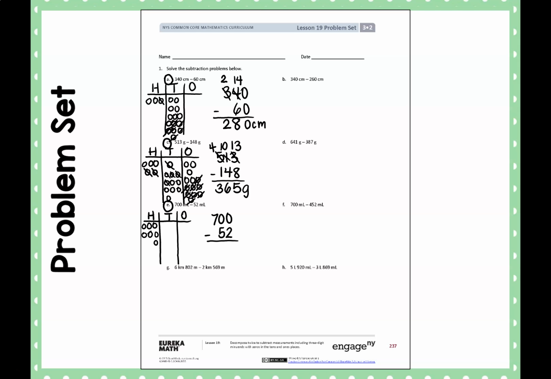Okay, so can I take 2 away from 0? Nope, so I have to go knock on the door of the hundreds or the tens place. Okay, but is there anything in the tens place? No, there's 0. So first of all, I have to take care of the tens place. So let's go next door and ask the hundreds if we can borrow 100. Okay, so there's plenty of hundreds, so we're going to cross off 100. We're going to make 10 tens.